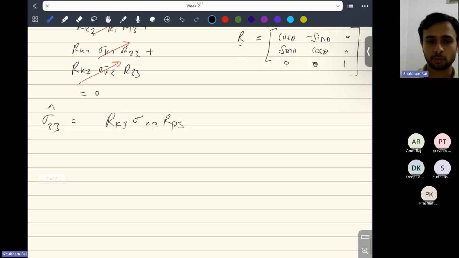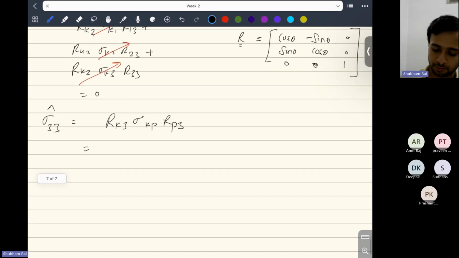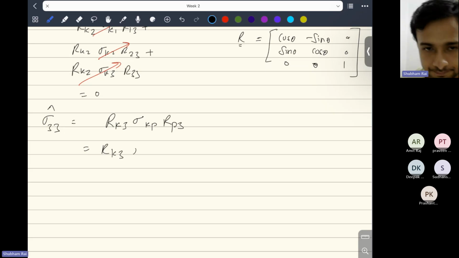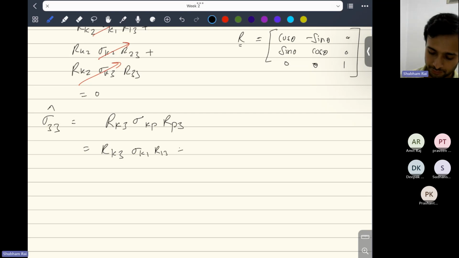If you now try to expand about P and then K, firstly let's expand about P. So R_K3 sigma_K1 R_13 plus R_K3 sigma_K2 R_23 plus R_K3 sigma_K3 R_33. Okay.